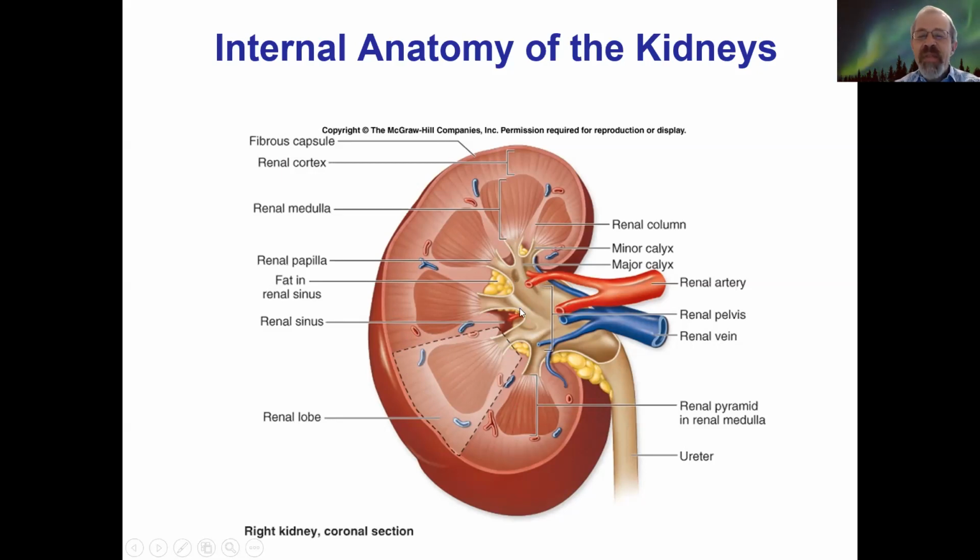Then this empties into what's called the renal pelvis, which then drains into the ureter. So that's really the path: cortex, medulla, calyces, pelvis, ureter. There's a lot more to the kidney. We're going to get into some of the microscopic aspects, but that's more at the superficial level.